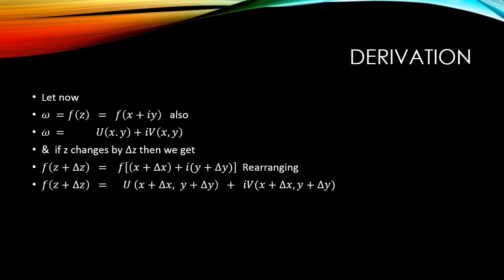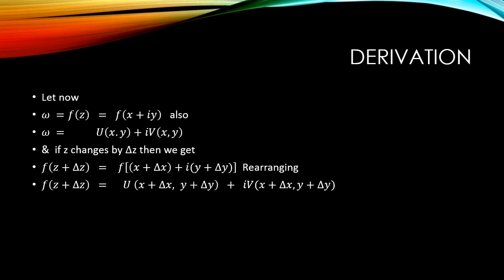So now we'll start and derive this relation. Let omega equal f of z equal to f of x plus iota y. Also we can say that omega is equal to u(x, y) plus iota v(x, y), and if z changes by delta z, then we get f of z plus delta z equal to f of x plus delta x plus iota y plus delta y.